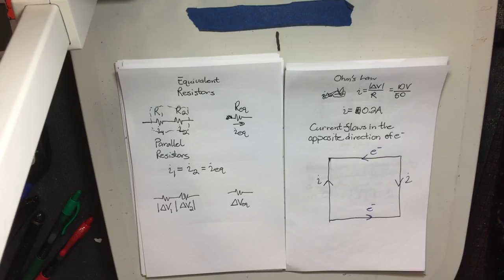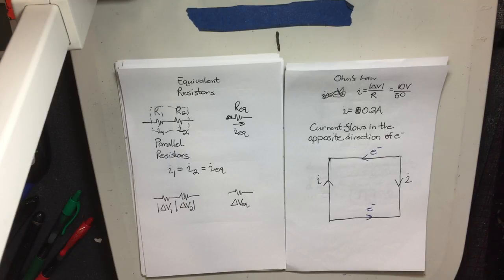What can you tell me about the change in heights for the two resistors versus the one equivalent resistor? They're the same. So if I went up two resistors or one resistor, I'm still at the same top of the hill.